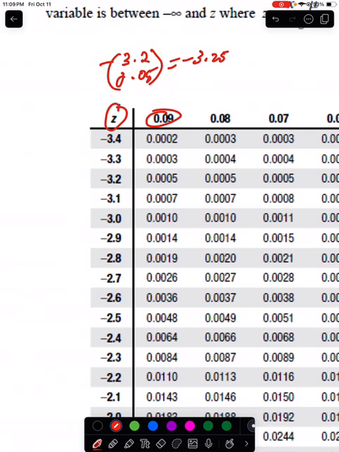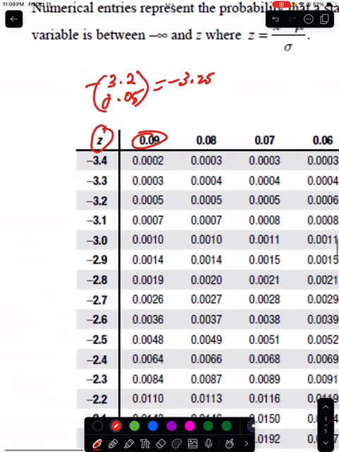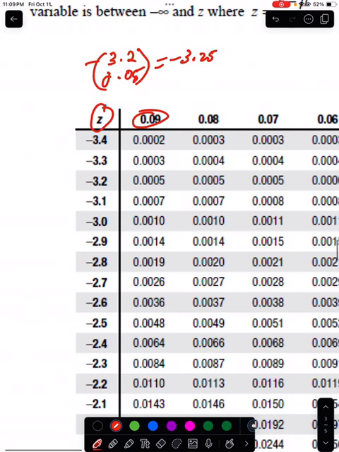So for example, if I want to see the area related to a z score, the first thing we do is pick our given z score and find it on the first column. Let's say our z score was negative 2.4. I will find negative 2.4, which I see is over here. Since there is nothing in the second decimal, we can say 0.